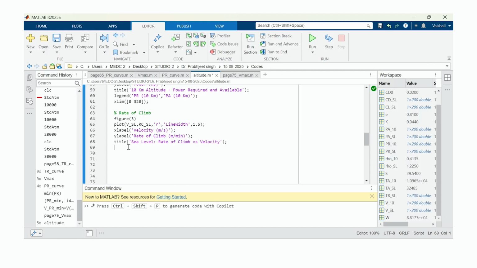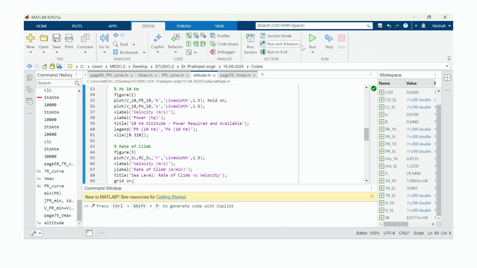Let me again keep grid on, and let me again define the limits in the x-axis, which is 0 to, let us consider 320 this time. Let me save it and let us see if there are any errors.